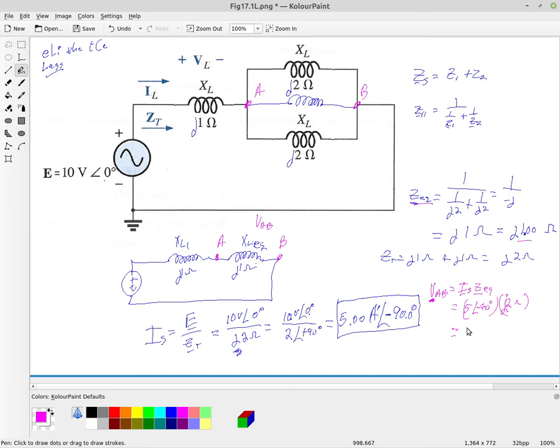And so if we write that in angular form, we have 5 angle minus 90 times 2 angle plus 90. These are being multiplied, so the angles add, but this is a minus 90 and a plus 90, so we're going to end up having 5 times 2.